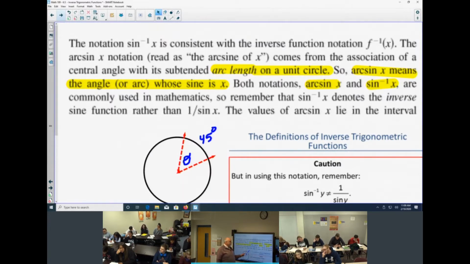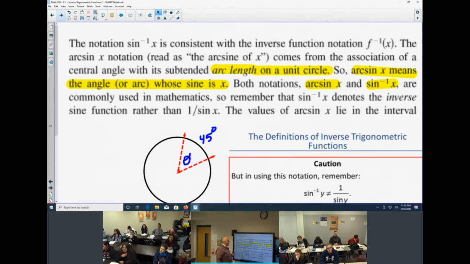We don't use that much anymore, but the central angle of the circle is the same as the arc angle. And so because of that, we call it the arc sine, or the angle, the arc that has a sine. Usually calculators don't use this notation as much as the sine -1, the inverse sine, but it's there enough that you need to know what it is.